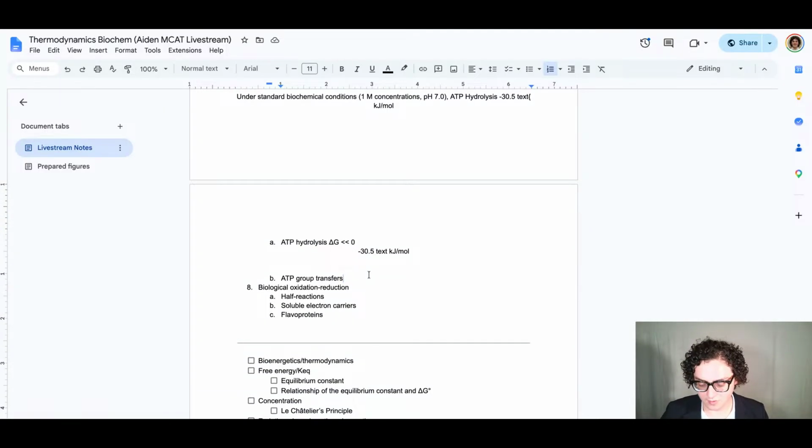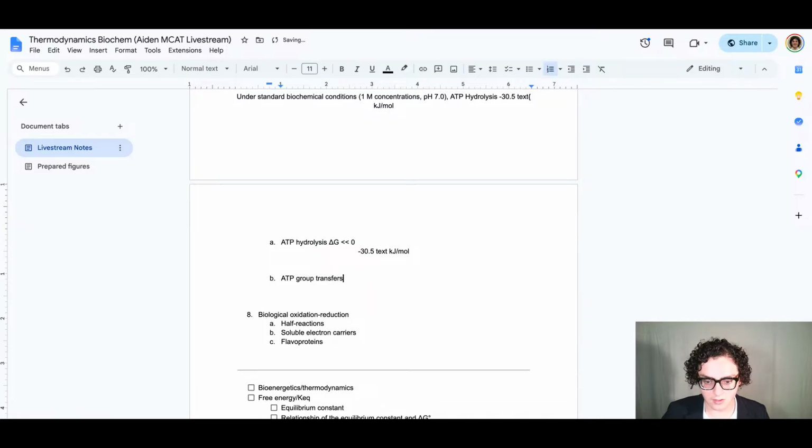ATP group transfers. I want to just make sure what that means. I think I know what it means, but let's double check. Oh, okay. So yeah, an ATP group transfer.